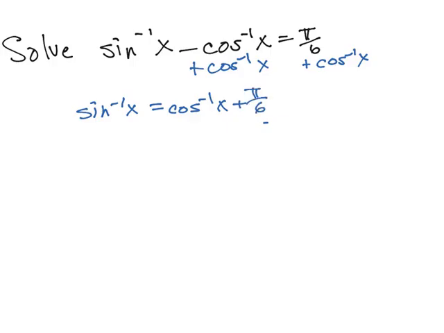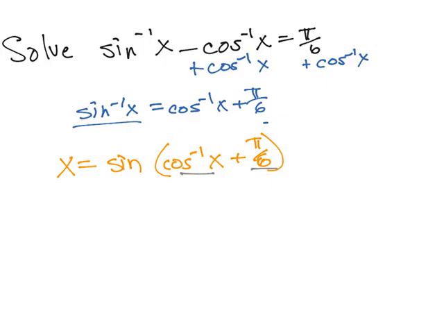Now, we want to get rid of the inverse sine because we want x by itself. That means x equals the sine of the inverse cosine of x plus pi over 6. And hopefully you recognize I have the sine of a sum.